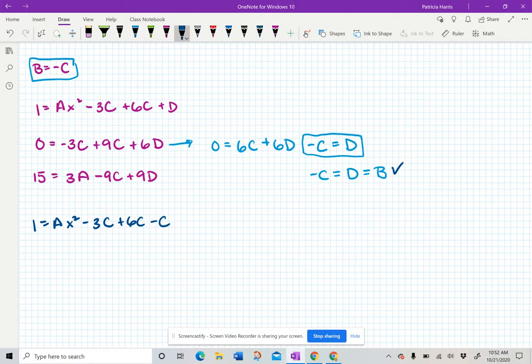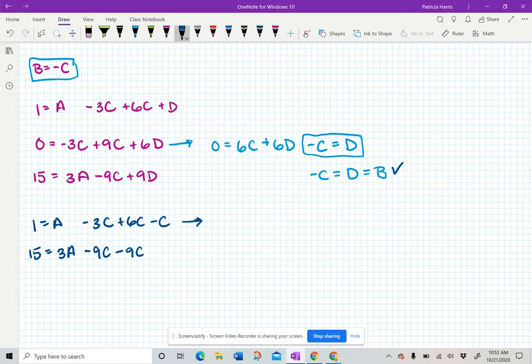Now we're going to go down to the 15. Oops, I forgot an x squared. So let's get rid of that. All right. So 15, 3a minus 9c minus 9c. All right. Well, let's simplify those, see what we get.